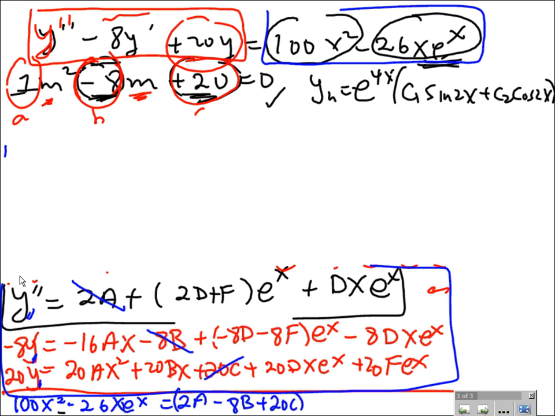So let me write that up here. 100x squared minus 26x e to the x equals 2a minus 8b plus 20c, and more. Now, how many x's do I have?